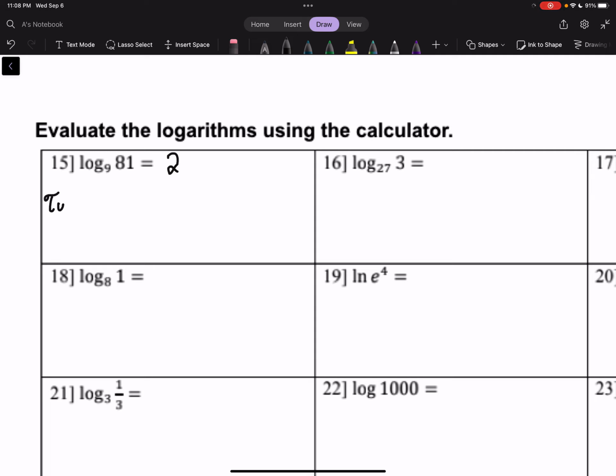So we're going to type log. We're going to hit the AB button. We're going to type in the base.